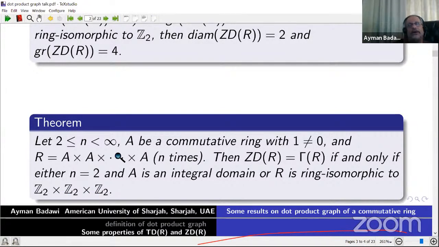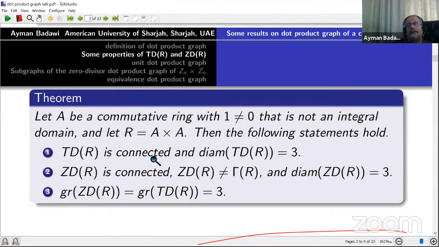So I call this result a connection between the zero dot product and the structure of the ring.